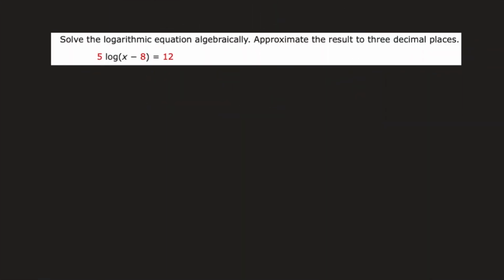In this last question, we have to solve this logarithmic equation. The first thing I'm going to do is get rid of this 5 by just simply dividing everything by 5. Therefore, I have log of x minus 8 is equal to 12 over 5. Since I only have one log on the left side and nothing on the right side, one technique to solve this is to turn this into an exponential equation.